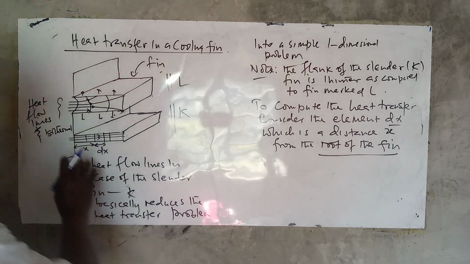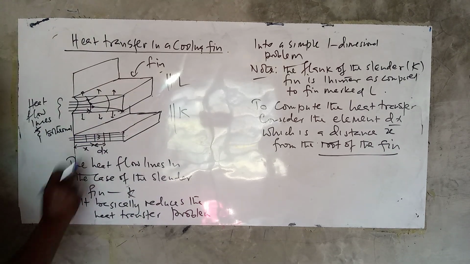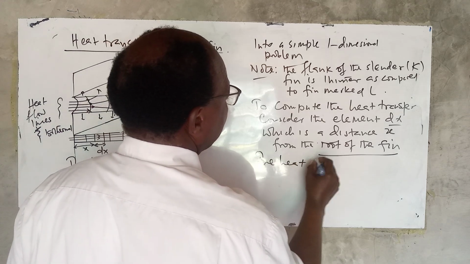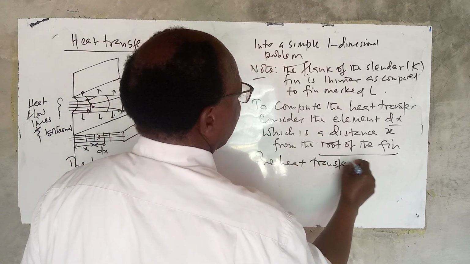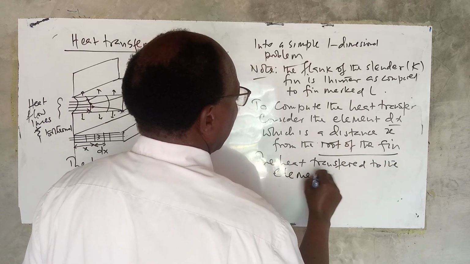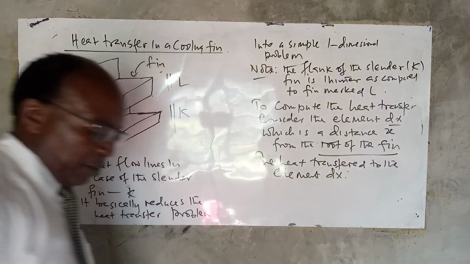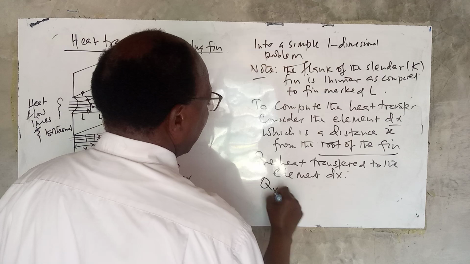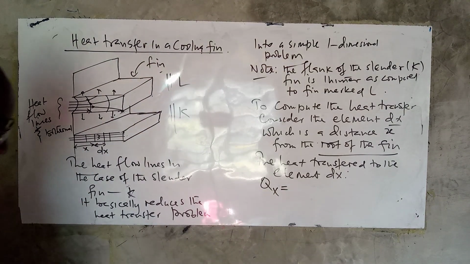Therefore, the heat transferred to this particular element dx, when you go to the Fourier law, let's call it qx, is very simple.